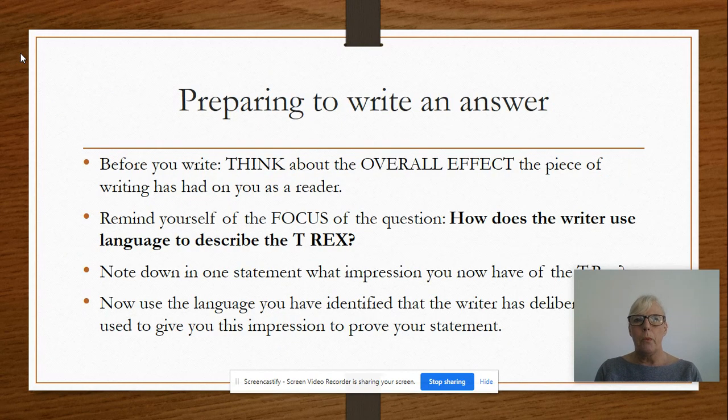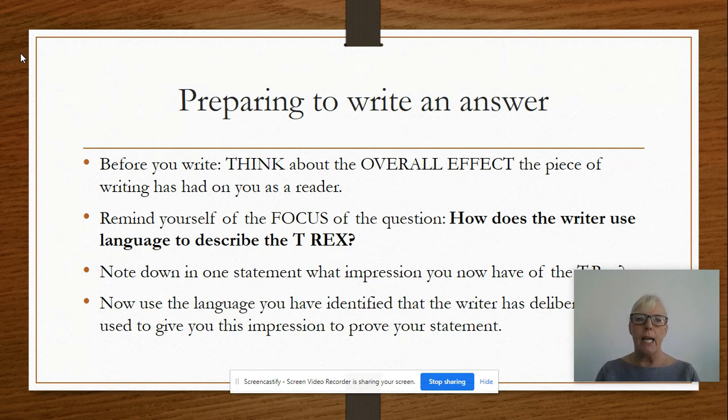So before we prepare to write an answer, I've just got a couple of hints and tips, if you like, while we're thinking about writing our answer. Before you write, think about the overall effect the piece of writing has had on you as a reader. I think this is the absolute key.